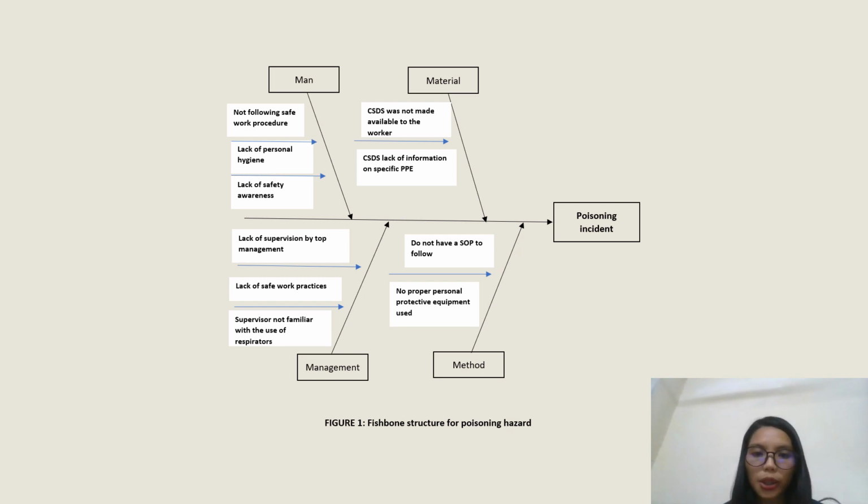And the fourth one is the method. They did not have an SOP to follow, and they had no proper PPE used during the task. So all of these factors contributed to the poisoning incident.